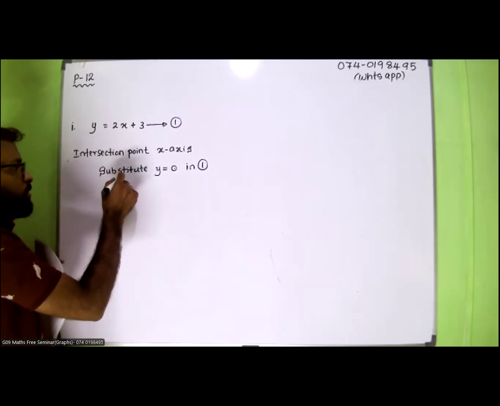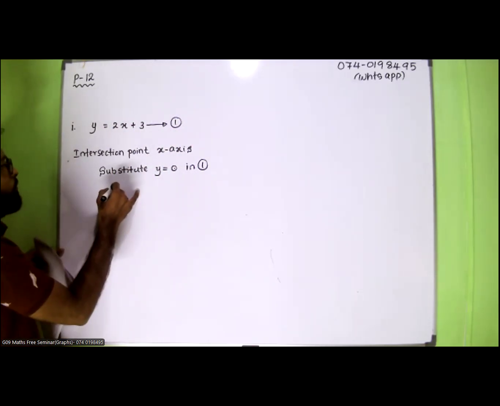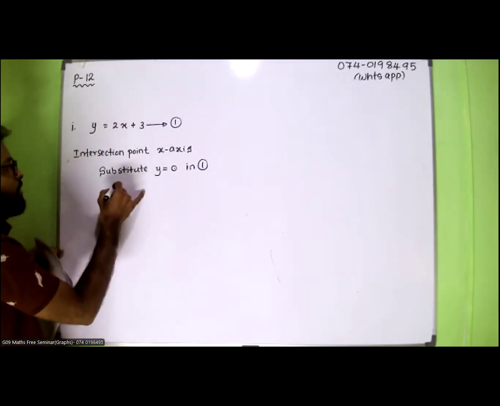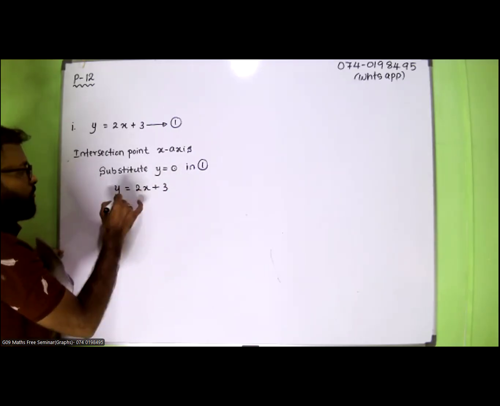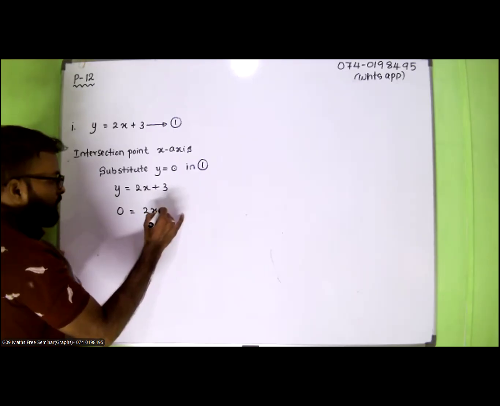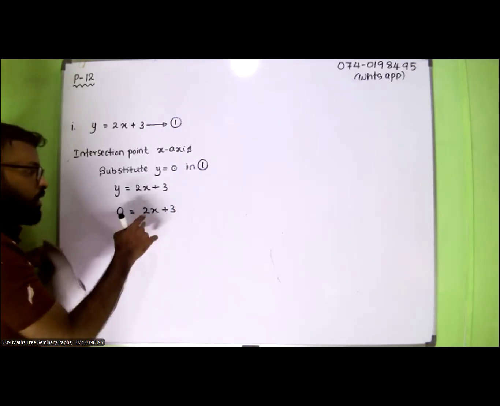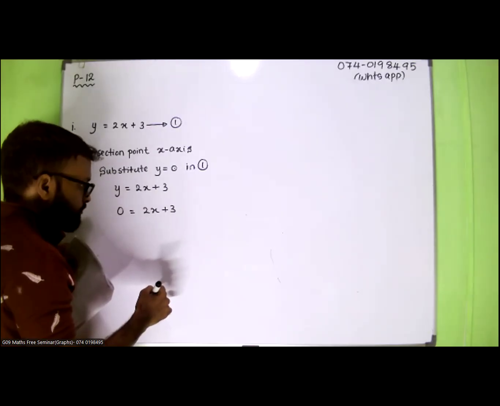Now substitute y equals 0 in 1, the function y equals 2x plus 3. Instead of y, I am going to substitute 0 equals 2x plus 3. So you are going to find the value of x.